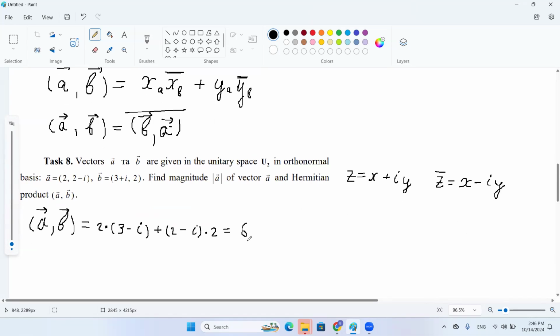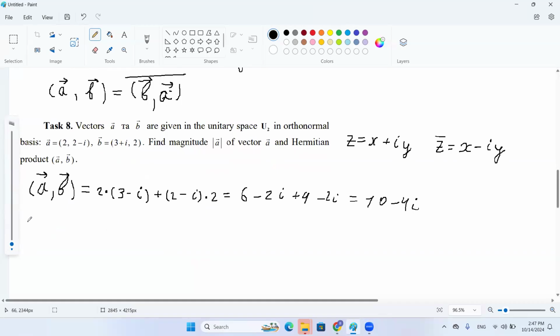Did you understand what I mean? Yes. Okay. So 6 minus 2I plus 4 minus 2I equals 10 minus 4I. And the magnitude, of course, will be a real number, and of course non-negative.